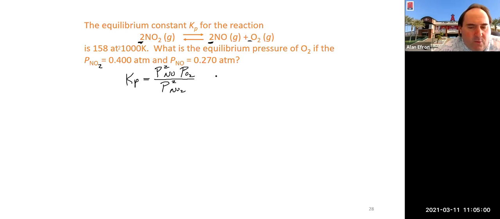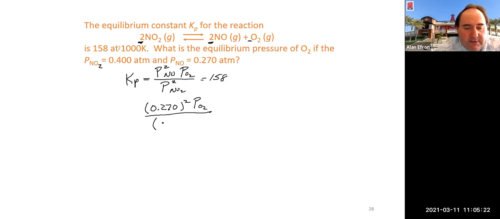And that would equal 158. We basically just plug in what we got. For NO, that is 0.270, and we are going to square that. The partial pressure of O2 is what we're looking for, divided by our NO2, which is 0.4 squared.